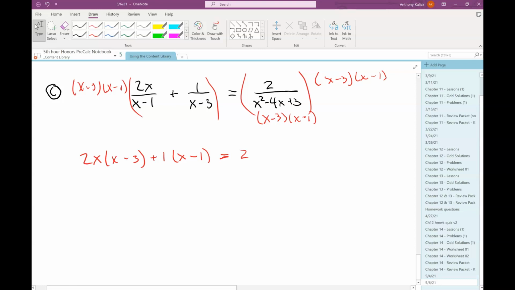I'd be happy to do it again, but it's not unreasonable to show this amount of work and have it still make sense. Distribute things through. I'm going to combine like terms and move everything onto one side so that it's equal to 0, because I notice that I have a quadratic.